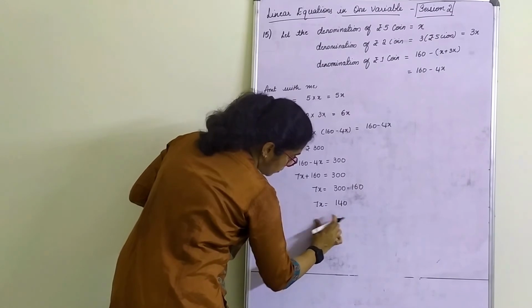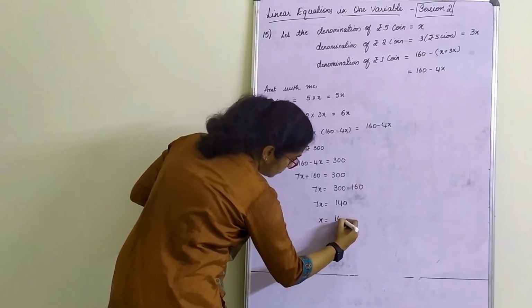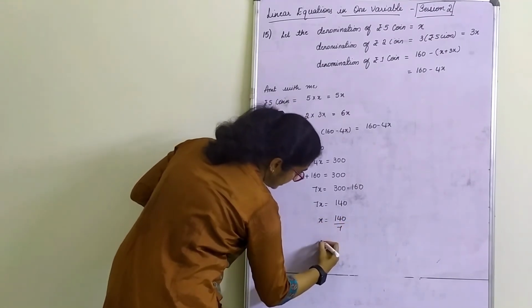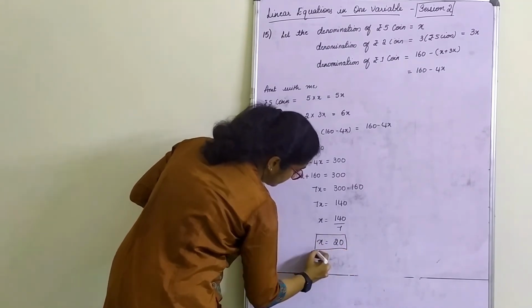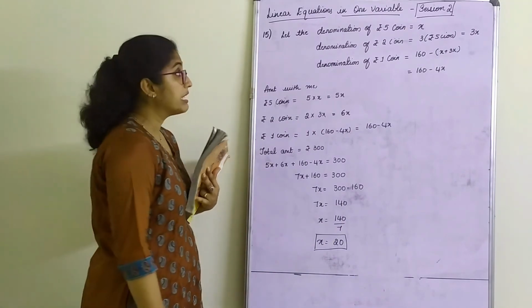So x is equal to 140 by 7, x is equal to 20. Okay, so we got the x value now.